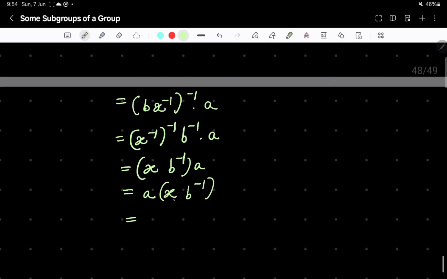Now A commutes with everybody, so A commutes with x also. So it is equal to x AB inverse.